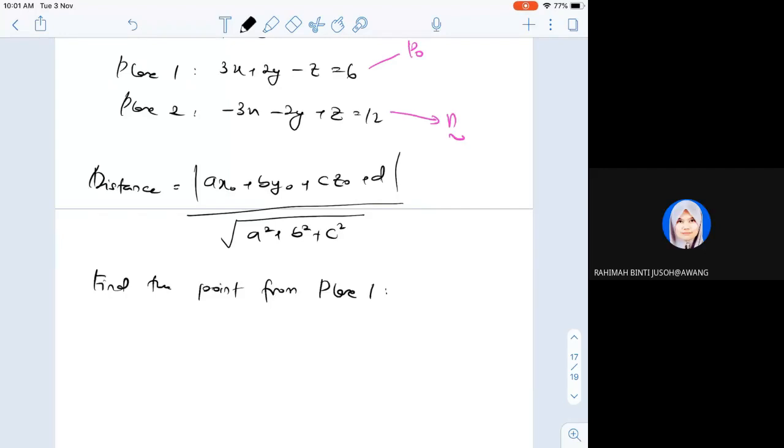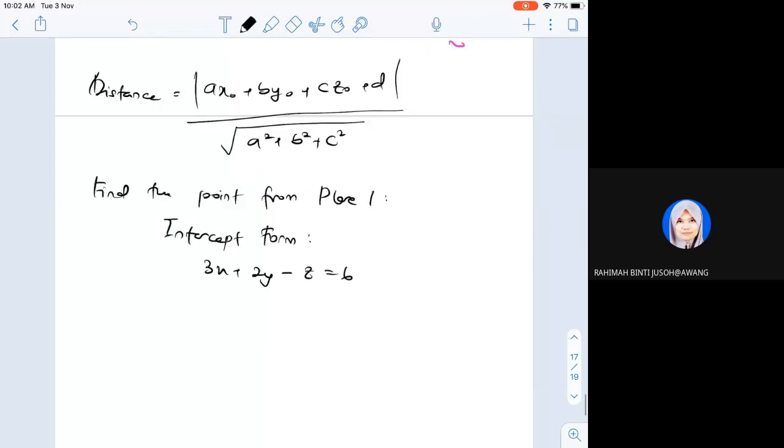Okay, we can sketch the plane. We can sketch the plane by using intercept form. Okay, good. Intercept form. We can have 3x plus 2y minus z equals to 6, right? So we will have x over 2, so bagi 2 lah, tambah y over 3 minus z over 6 equals to 1 like this.